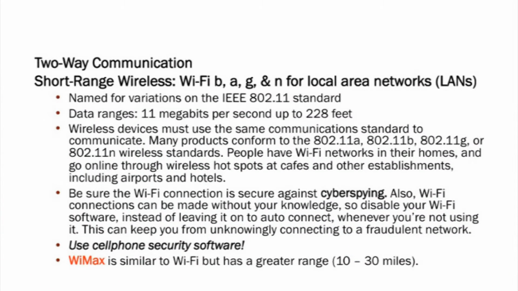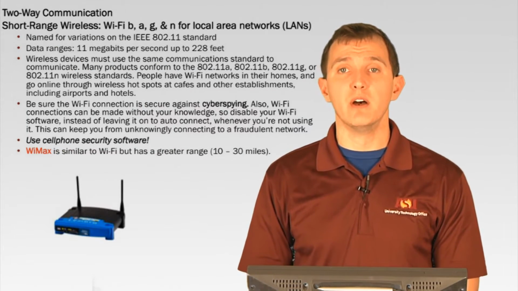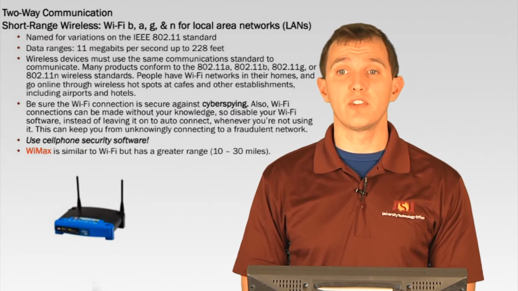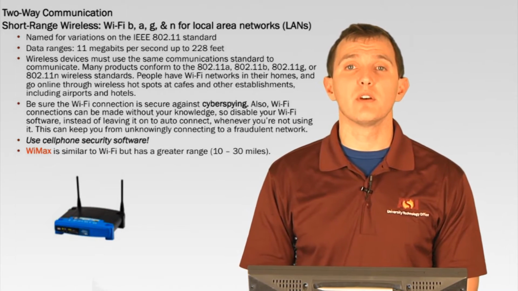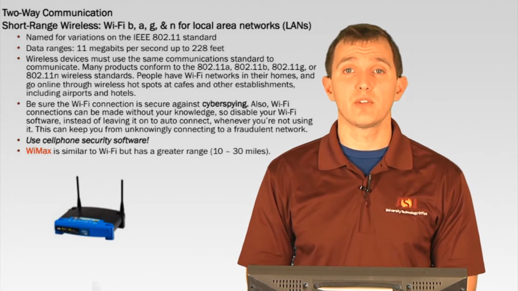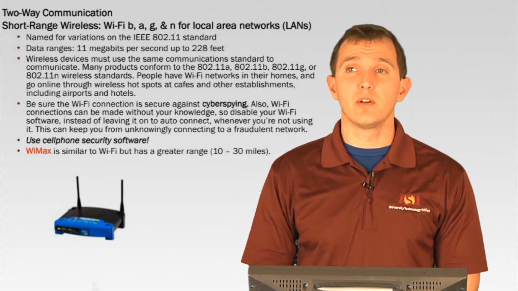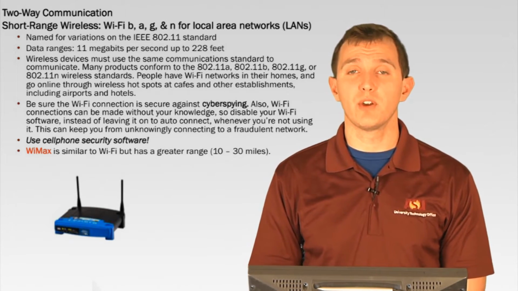Two-way communication, short-range wireless. Perhaps you are familiar with the IEEE 802.11 standard, which is wireless. So IEEE is an electronics standard, basically. Another example would be IEEE 1394, which is the standard for FireWire.